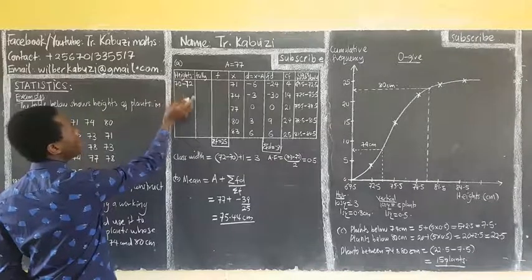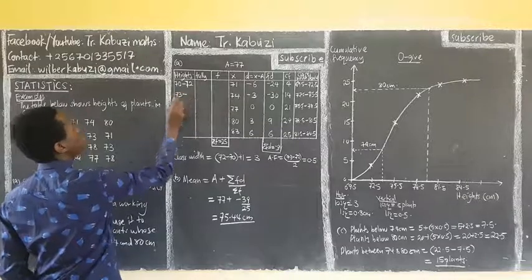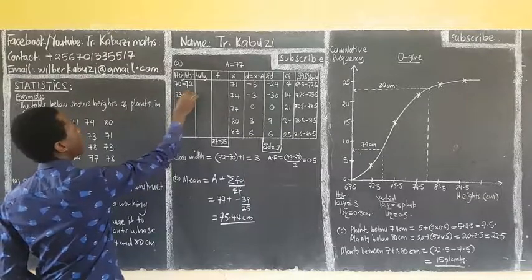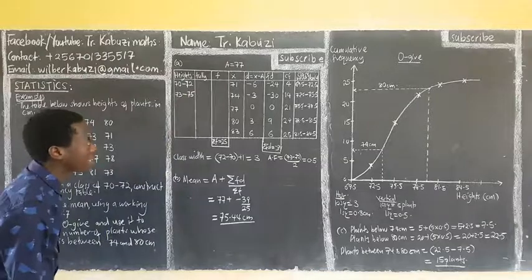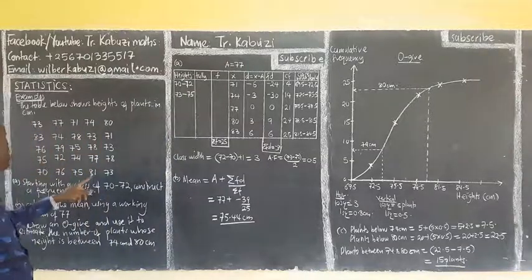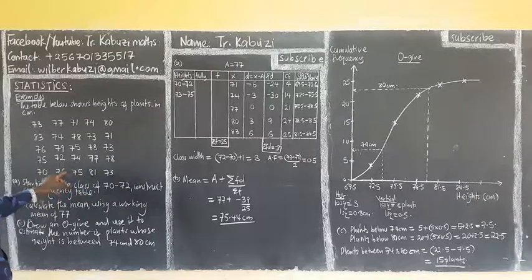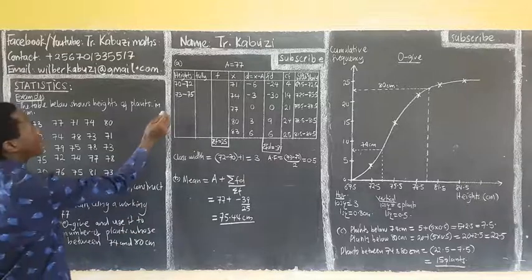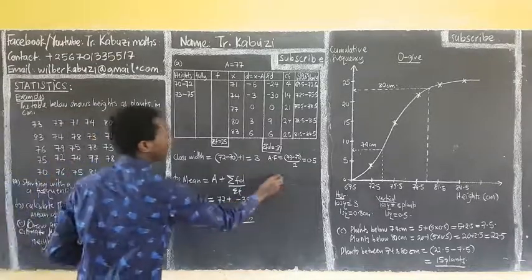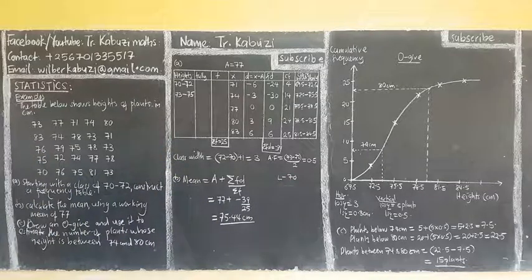When I add the 3 on the 70, I get 73. Then add the 3 here, we get 75. That's the next class. The lowest value is 70. Then the highest, we look here.